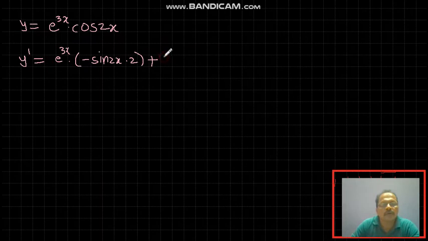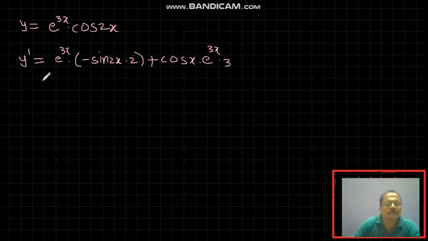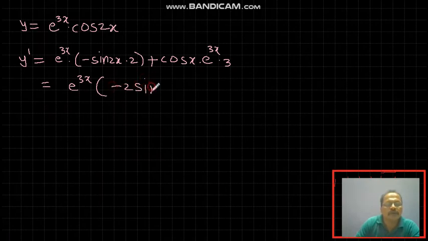Now cos 2x as it is, derivative of e raised to 3x, it is e raised to 3x into derivative of 3x is 3. So the first derivative is e raised to 3x into bracket minus 2 sin 2x plus 3 cos 2x. Here 2 remained.